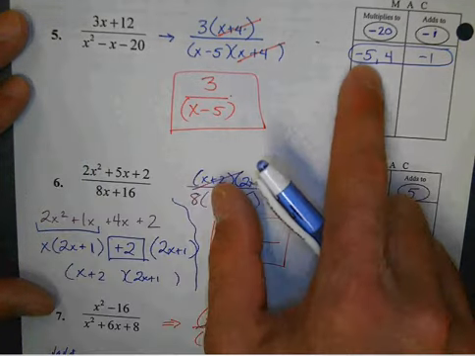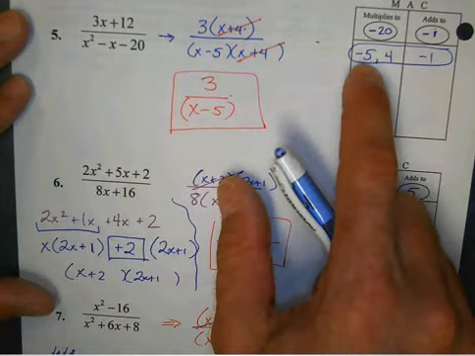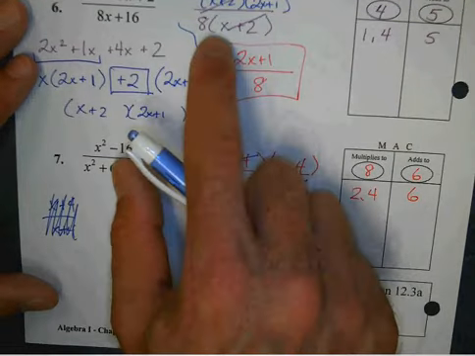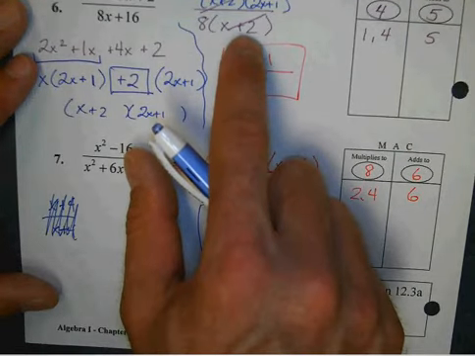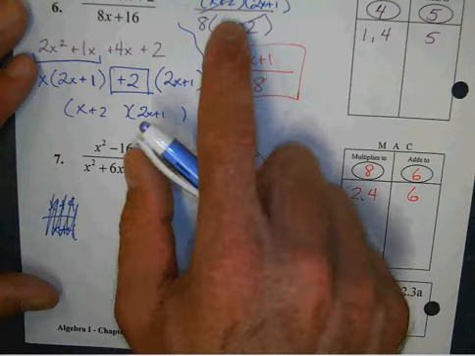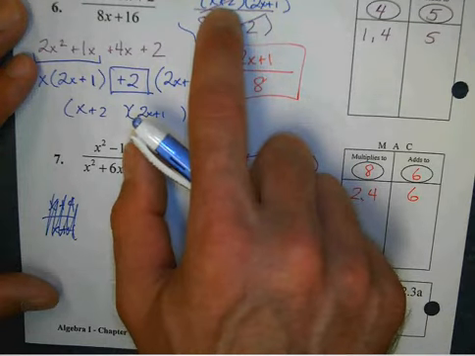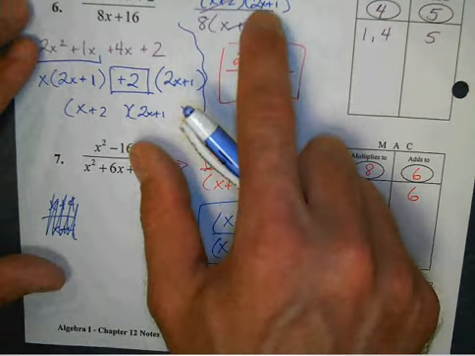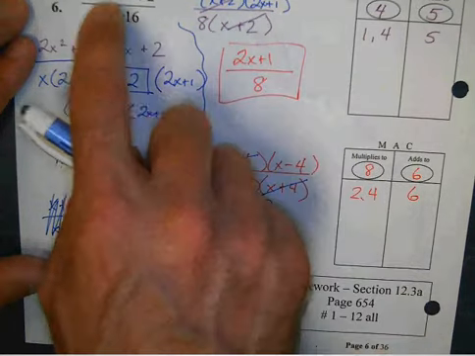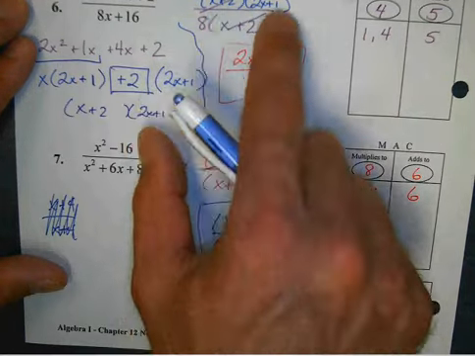Negative 5. Might help you to see your factors. Look at the second one. You do the easy one first, it's x plus 2. If one of them is x plus 2, then the other one has to be 2x plus 1, because 2 times x is 2x squared, and 2 times 1 is 2.